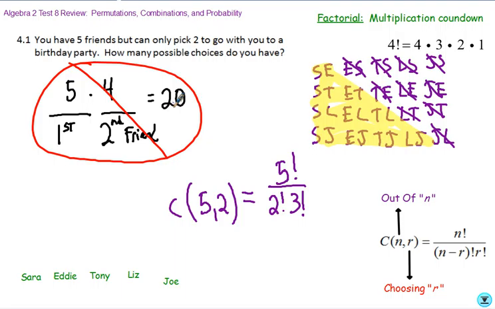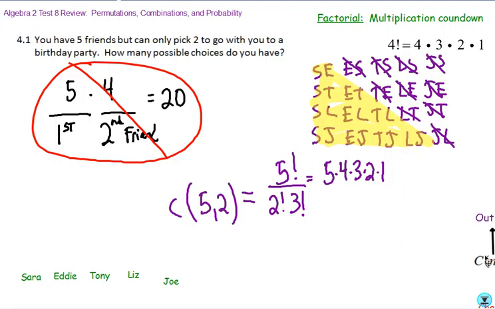And so a couple different ways we could do this. We could go straight into the calculator with it. We could also, the way to do it without a calculator is, the factorial means that you just write it all out. So 5, 4, 3, 2, 1. 2 factorial would be 2 times 1. And then 3 factorial would be 3 times 2 times 1.